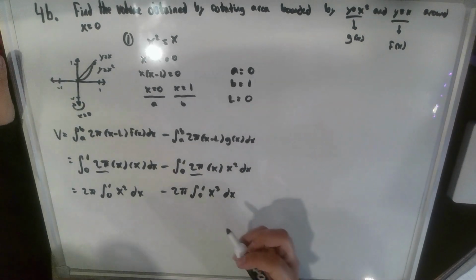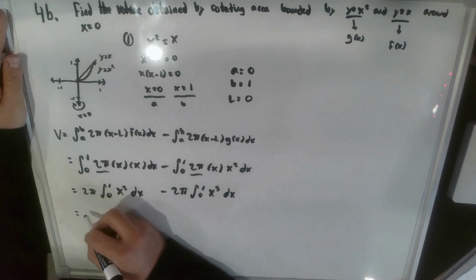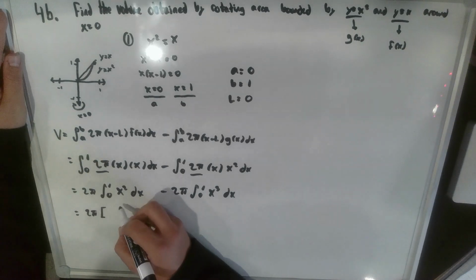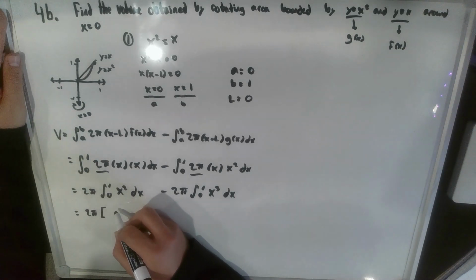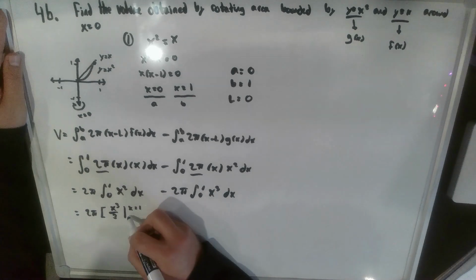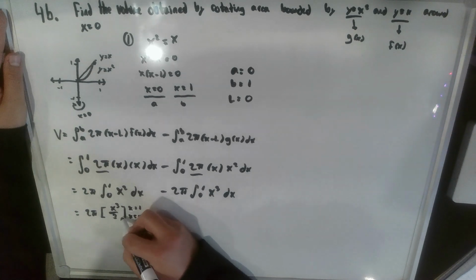So now we can integrate, which would make it 2 pi times the integral of x squared, which is x cubed over 3, from x equals 0 to x equals 1.